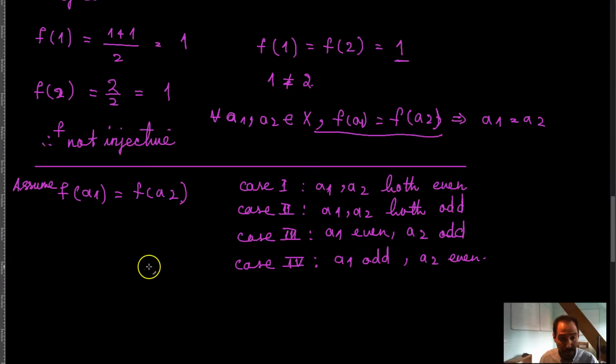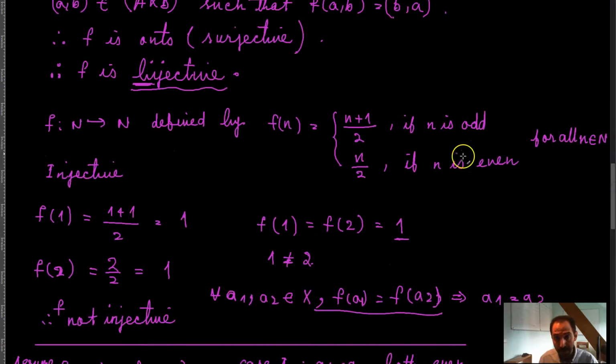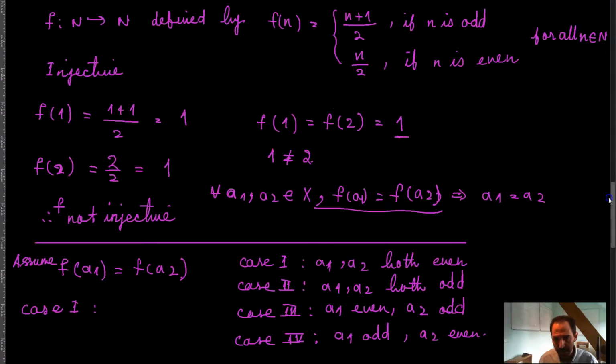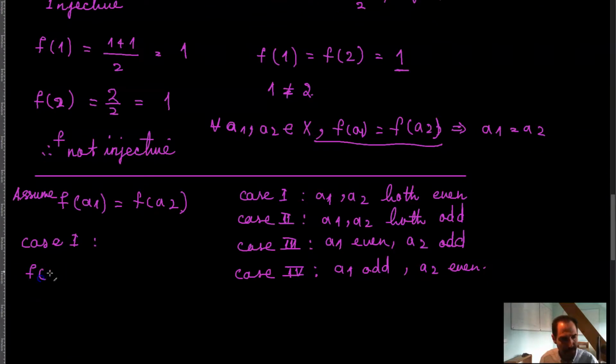For case 1, if a1 and a2 are both even, then you can use this part of the function, f of n is equal to n divided by 2.